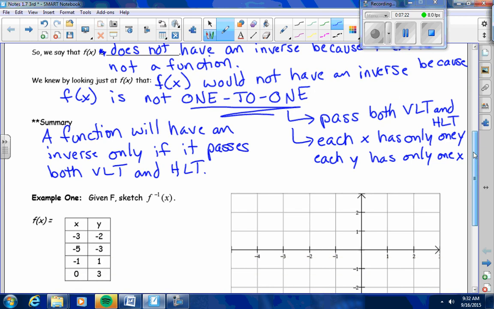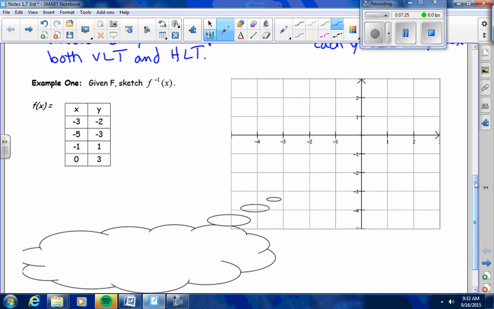Example 1. Given the function f, and we're given the function as a table of values, we need to sketch the inverse function, f inverse of x. Well, first I want to start by sketching f of x and plotting these points.